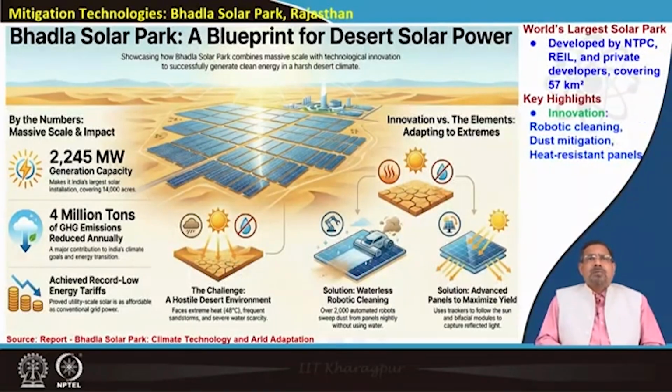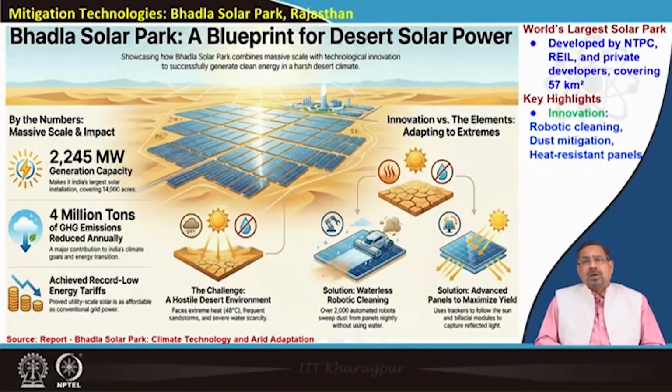Moving on in terms of mitigation technologies, as far as the Bhadla Solar Park at Rajasthan is concerned, you can see a blueprint for desert solar power.